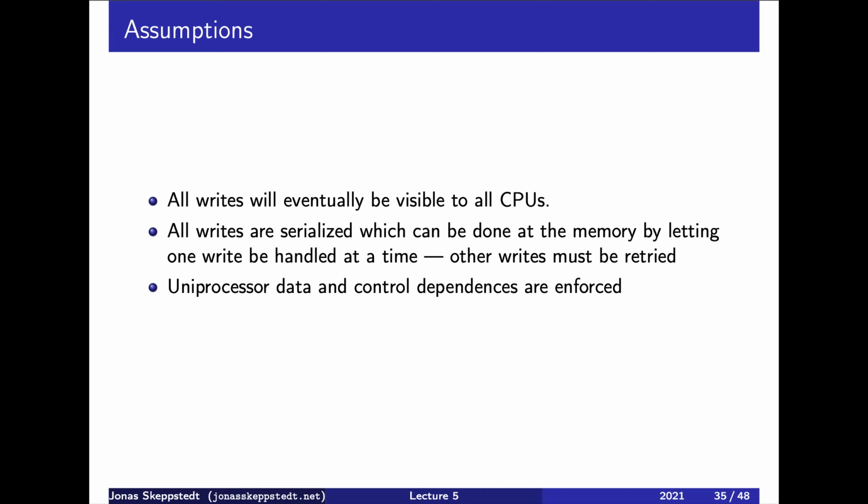And control dependencies mean that if we evaluate an expression, in an if for instance, we don't execute the then statement regardless of whether the condition was true or not. I mean, this is so obvious. That's needed to make any computer work, but it still has to be an assumption for relaxed memory models to work.